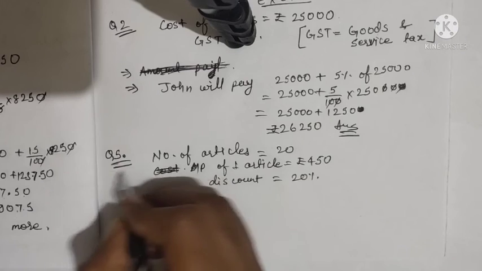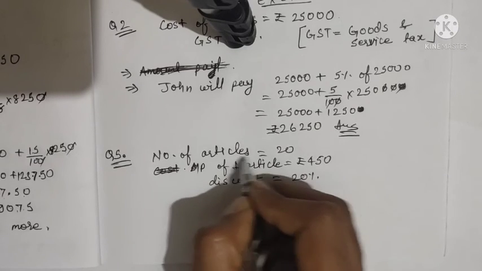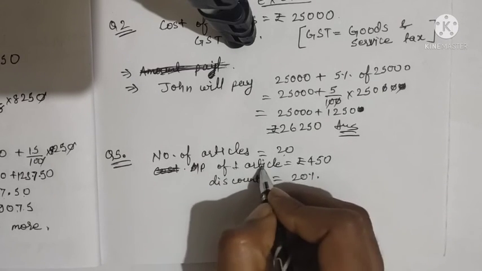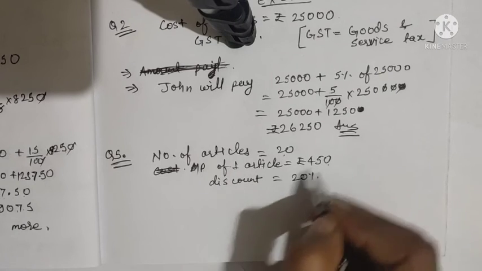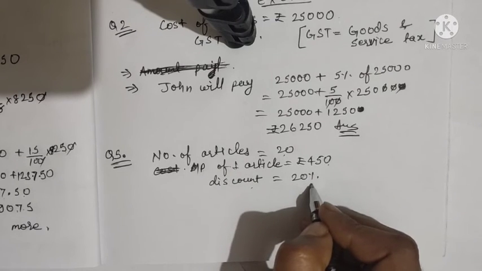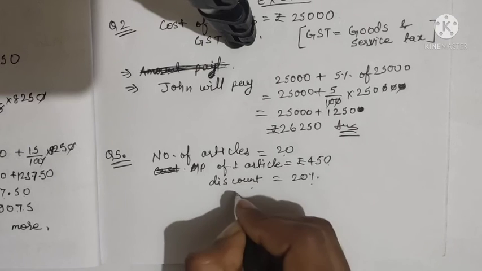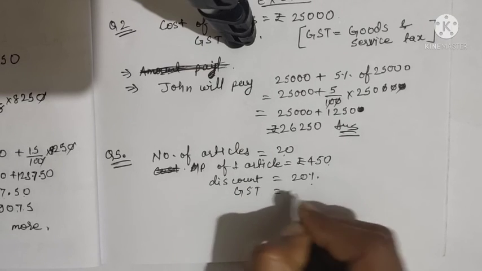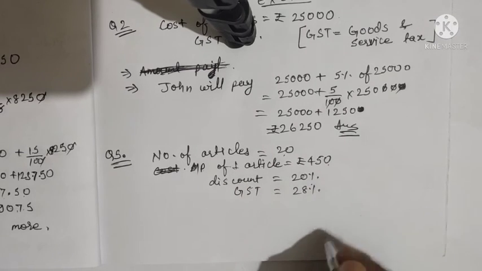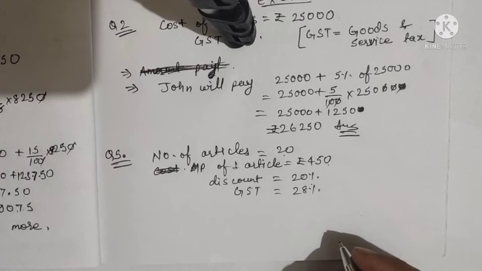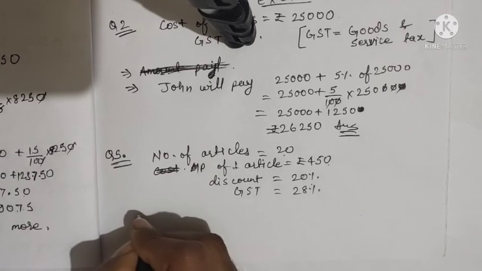Simple. In question number 5, it is given that the number of articles is 20. The market price of one article is equal to rupees 450. A discount of 20% is given by the seller, and then GST is applied at 28%. So we have to find the amount of the net bill.